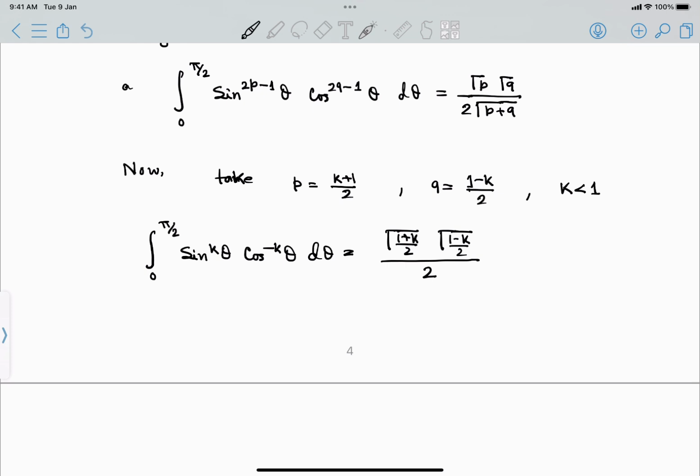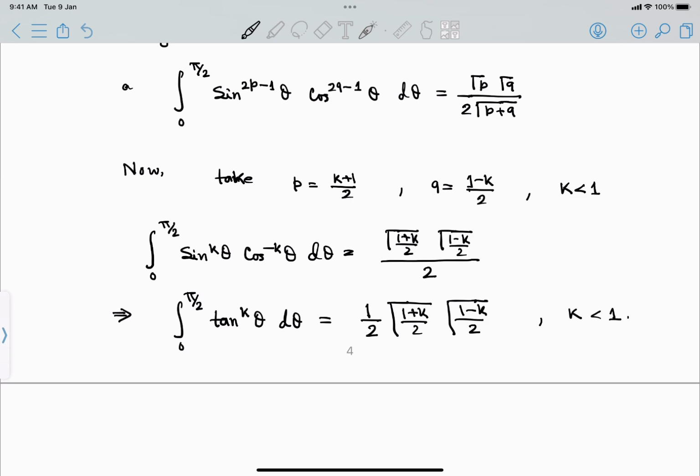Which implies integral 0 to pi by 2 tan to the power k theta d theta equals half of gamma (1 plus k)/2 into gamma (1 minus k)/2, and this is for k strictly less than 1, right?